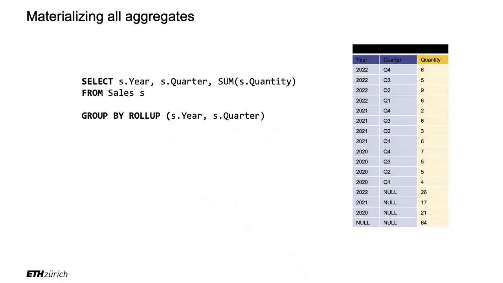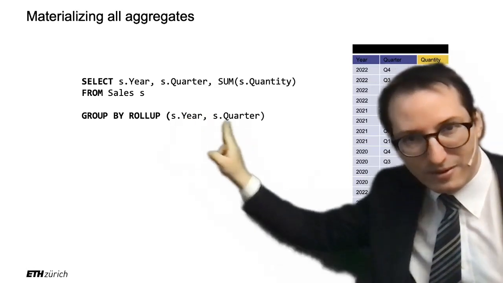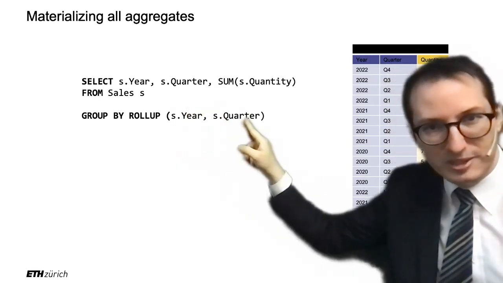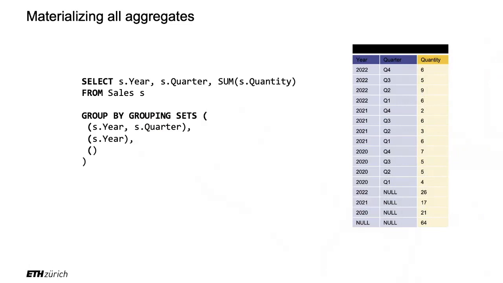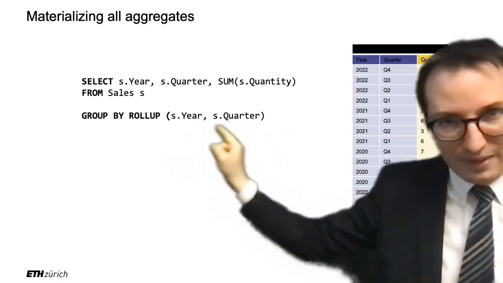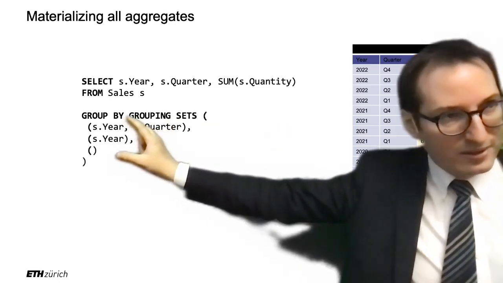So again, to make it maybe even clearer, if I have n attributes here, how many grouping sets do I get with group by rollup? N attributes. How many rows here?